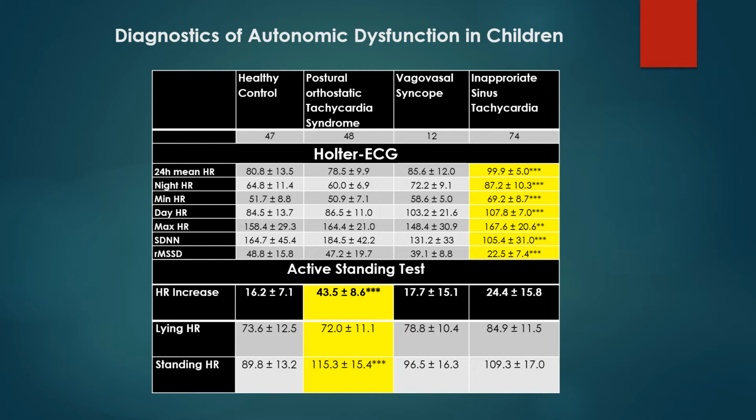The group with postural orthostatic tachycardia syndrome have an increase of the heart rate while standing above 40 beats per minute, with normal heart rates while lying and elevated heart rates while standing.